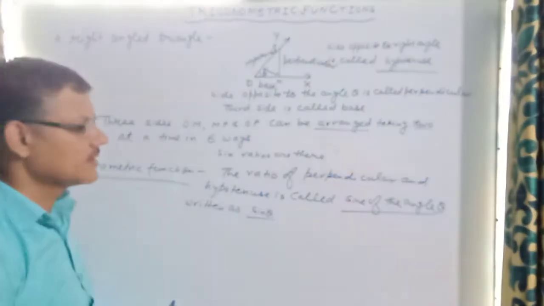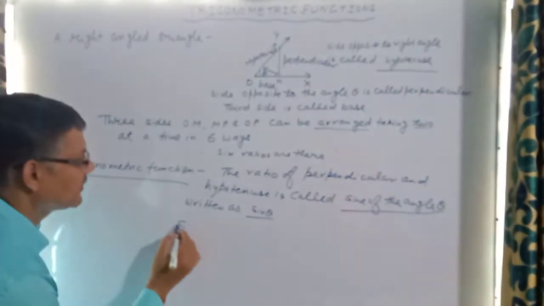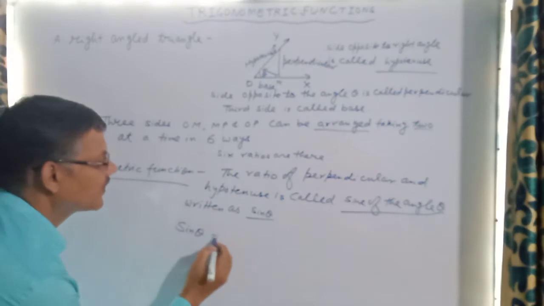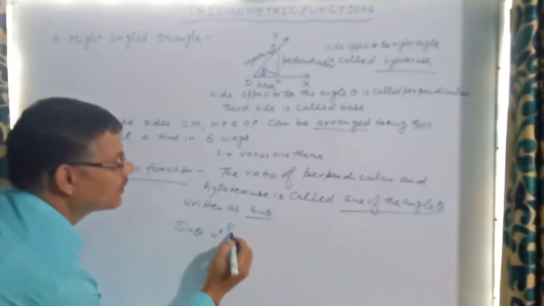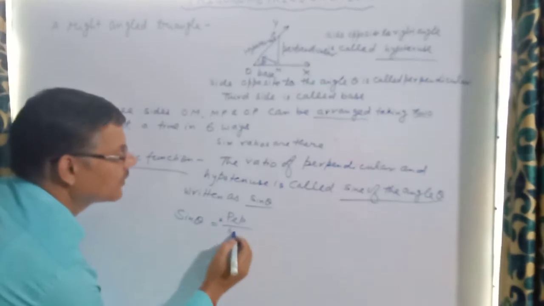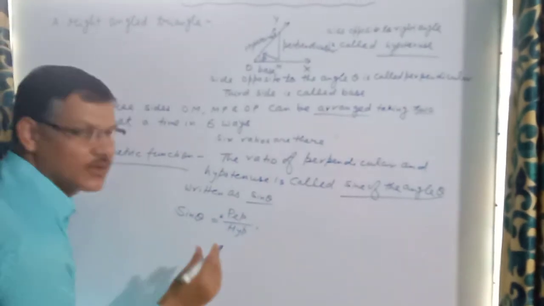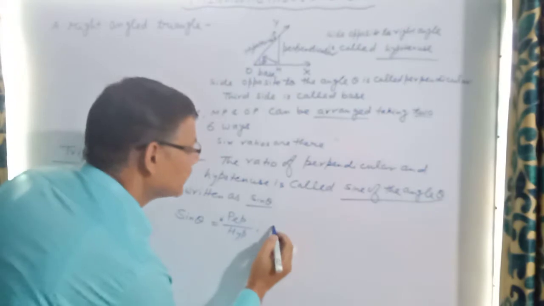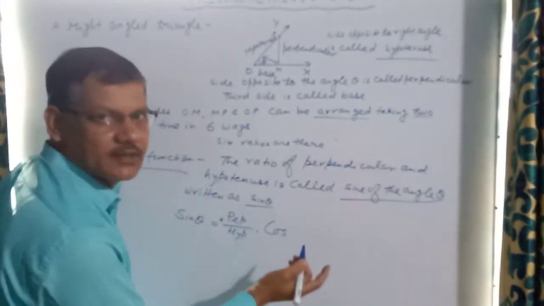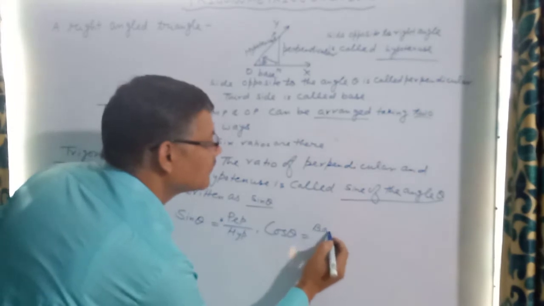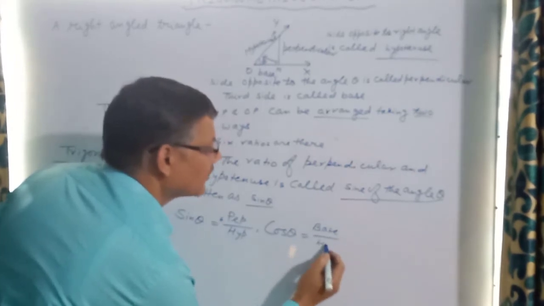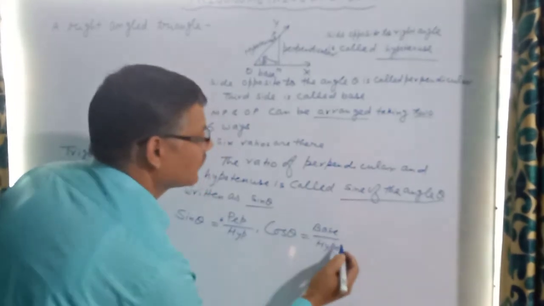So here we get 6 ratios: sin theta is equal to perpendicular divided by hypotenuse. Similarly, other ratios are there. Next one is cosine theta, written as cos theta, and it is base by hypotenuse.